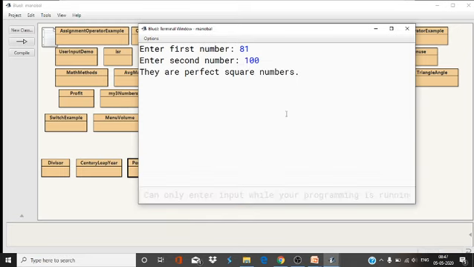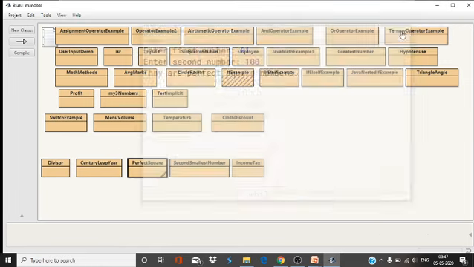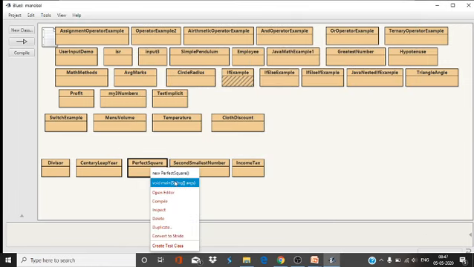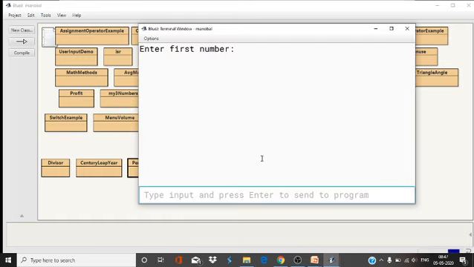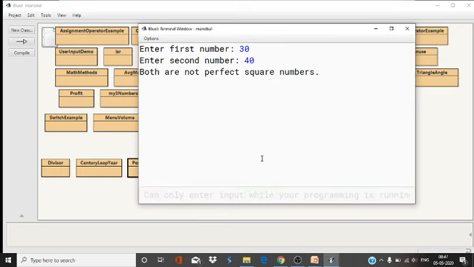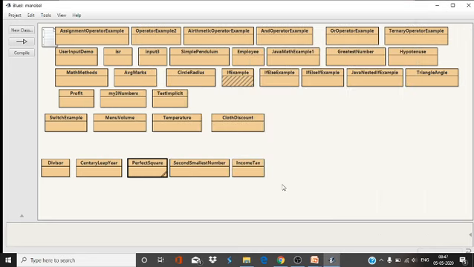They are perfect square numbers. Once again I will compile this and enter other numbers like 30 and 40. Both are not perfect square numbers. Like that you can write this type of program.